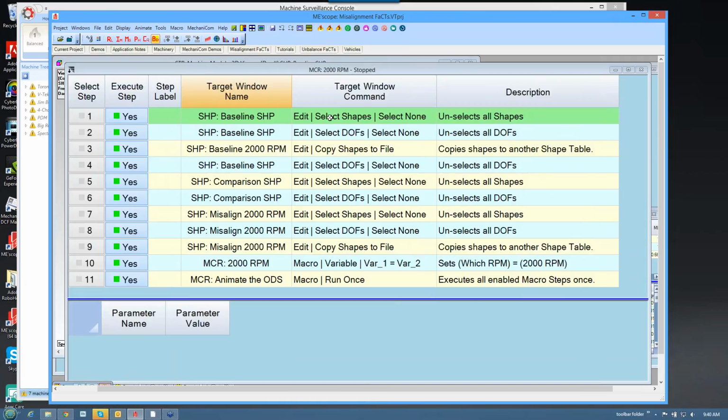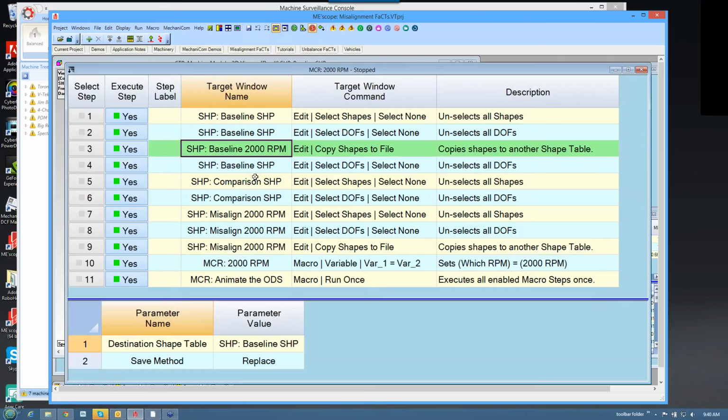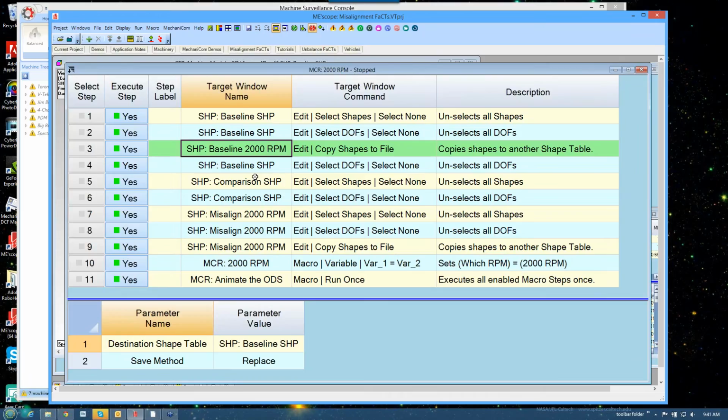So that's the first thing, and what we're going to do, we're going to select none. We're going to unselect any shapes in that shape table. Now we're going to unselect any DOFs, because if this program starts to run and things are selected, then the animation will be based on that selection. Copy shapes from the baseline 2000 RPM, and where are we going to copy them? We're going to copy them into something called baseline shape. The names are a little different here, but this is just copying from one shape table to another.